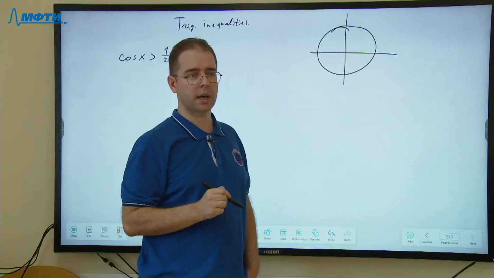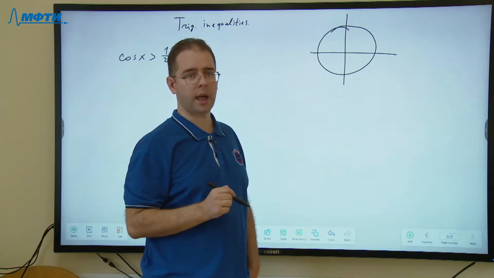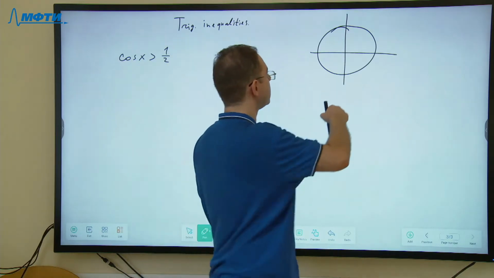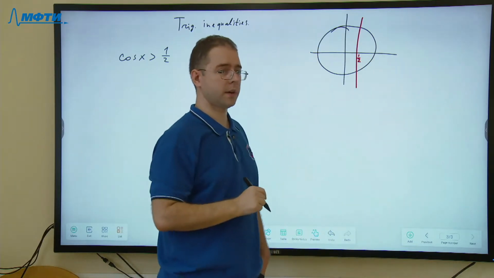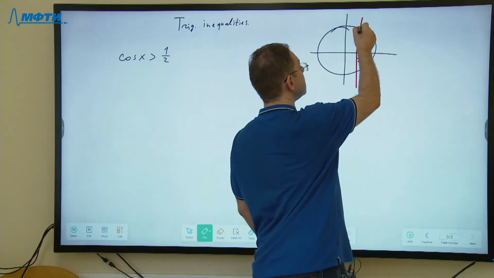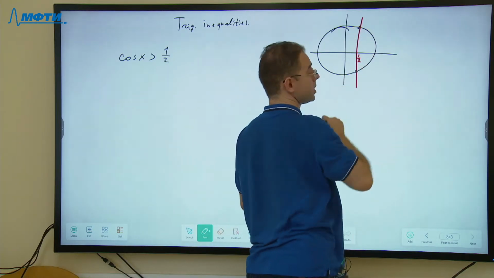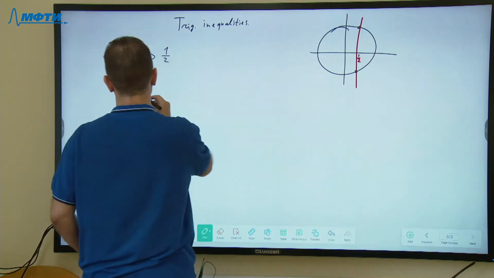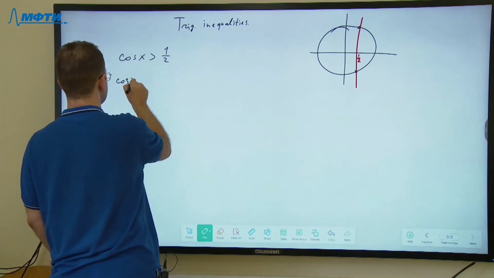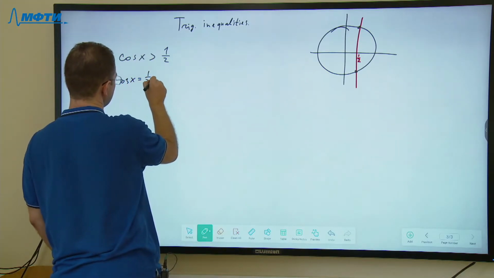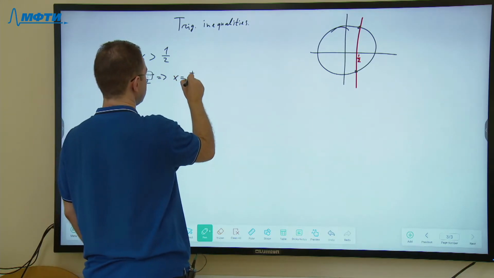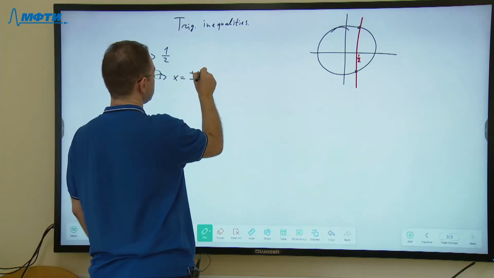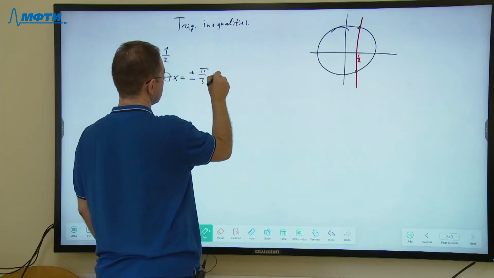So once again, I draw a line x equals 1/2. We have two solutions of the equation. So we start by solving the equation cosine x equals 1/2, then x equals plus or minus pi by 3 plus 2 pi n.